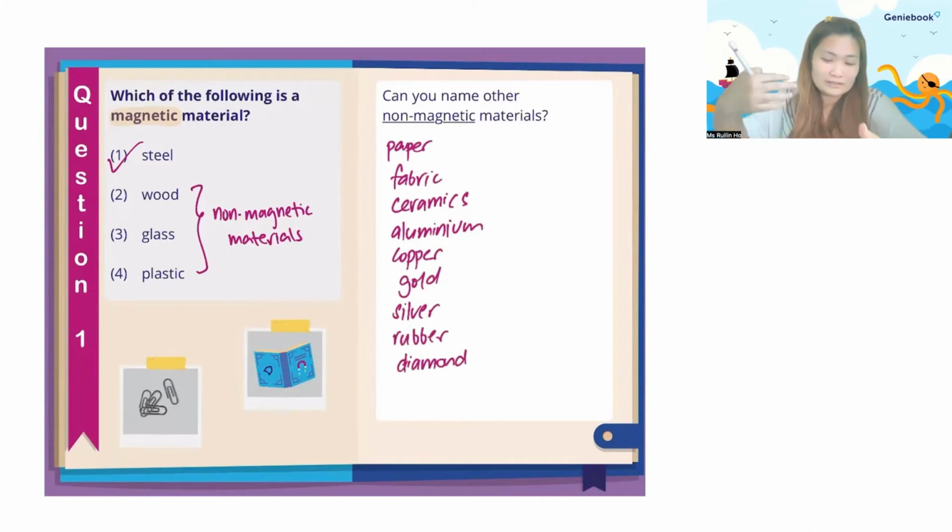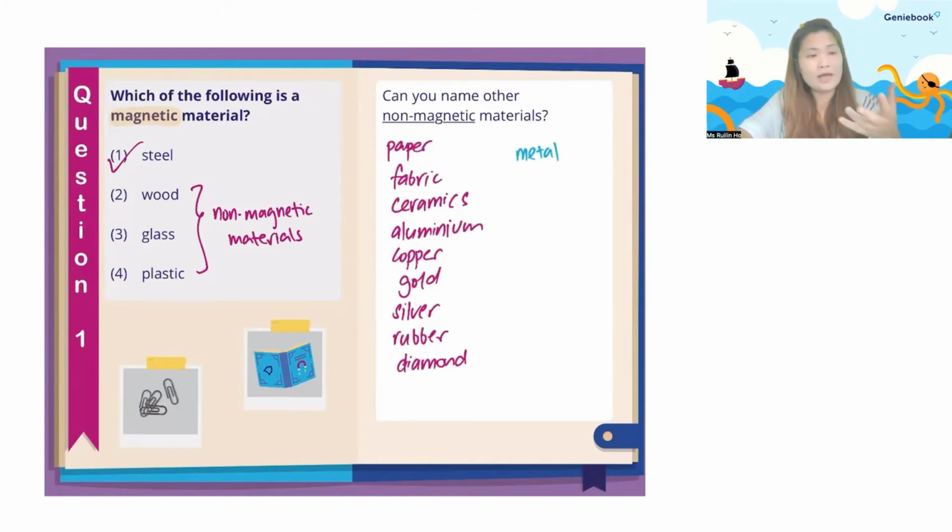So you have all the different non-magnetic materials around us. Steel is actually a metal. So when we talk, we cannot put down a material as just metal. If you're going to put down metal, you need to be very, very specific, because not all metals are non-magnetic.